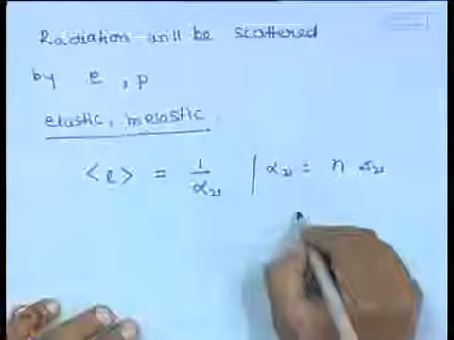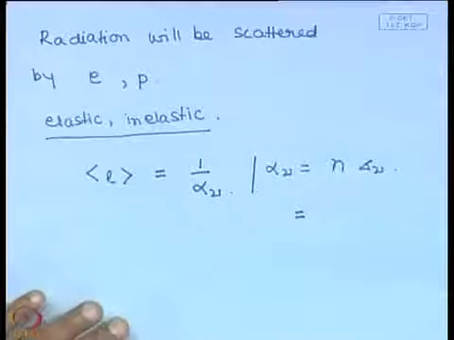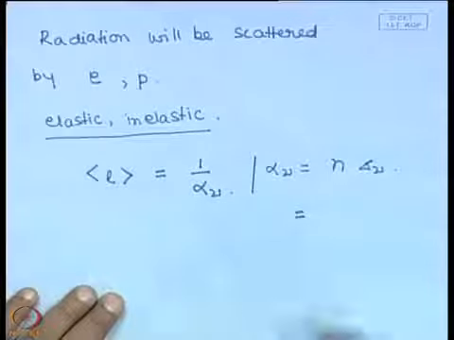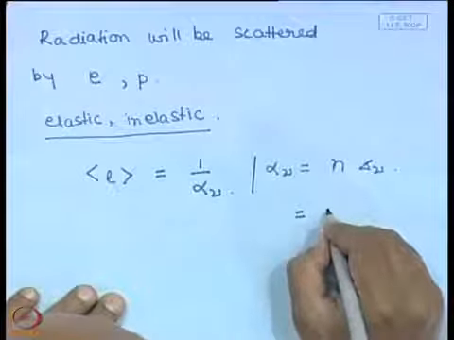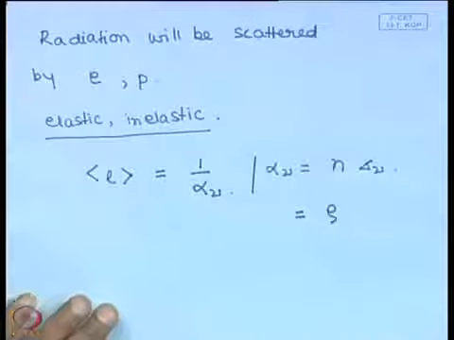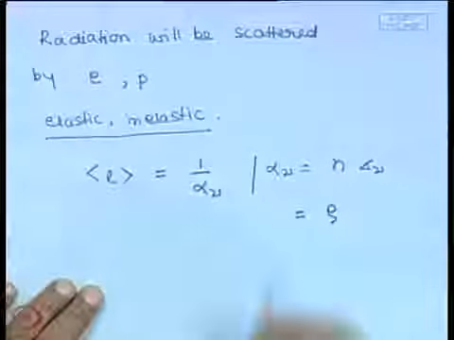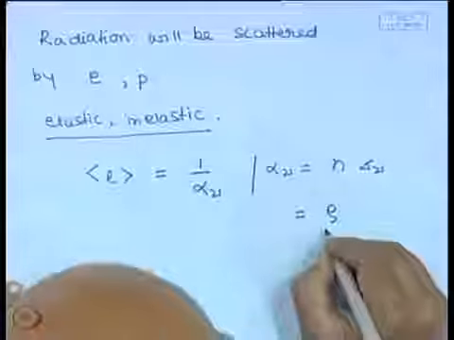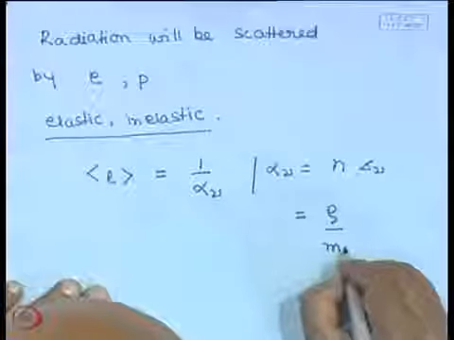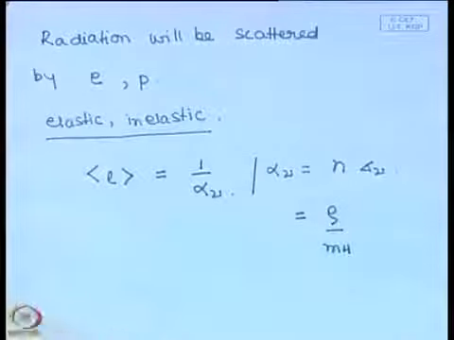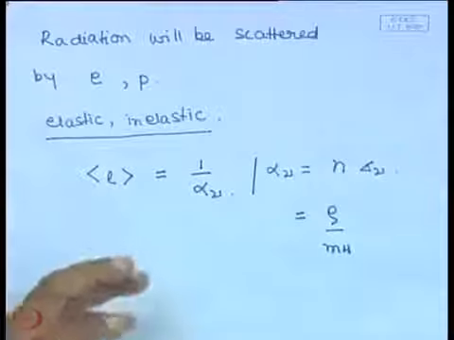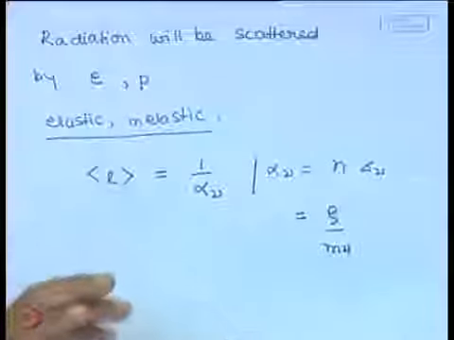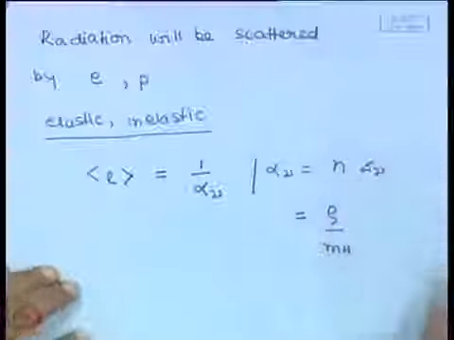So, the absorption coefficient inside the sun we can estimate to be the density inside the sun, which we have already estimated, divided by the mass of the hydrogen atom. This will give us the electron density. We are assuming that the electrons will primarily scatter the radiation through Thomson scattering. In Thomson scattering, what happens? Let me draw a picture.